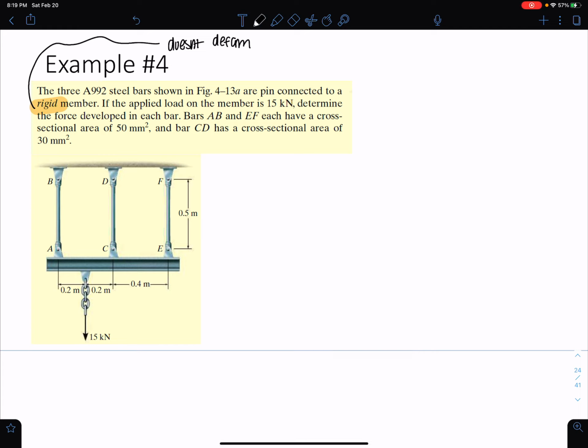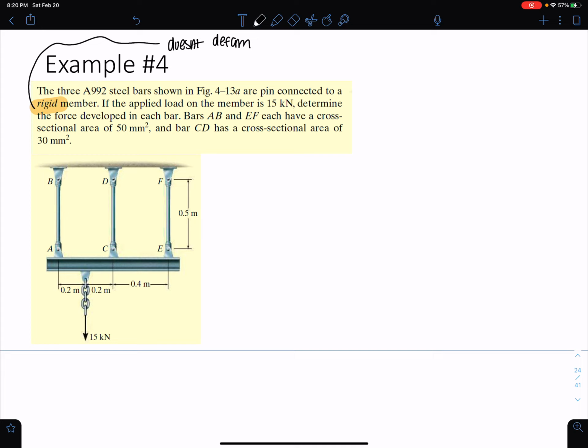Okay, so only the steel bars are going to deform. If we have a 15 kilonewton load applied, we want to determine the force developed in each bar. The bars have a cross-sectional area that's given, and so do the other ones. So what we want to figure out is what is the force developed in each bar in this system.